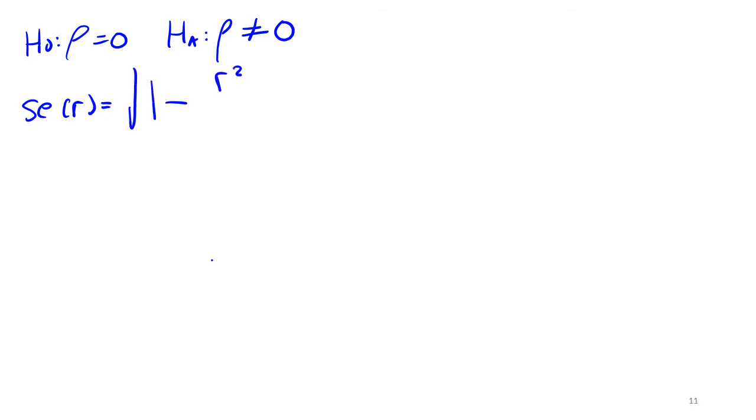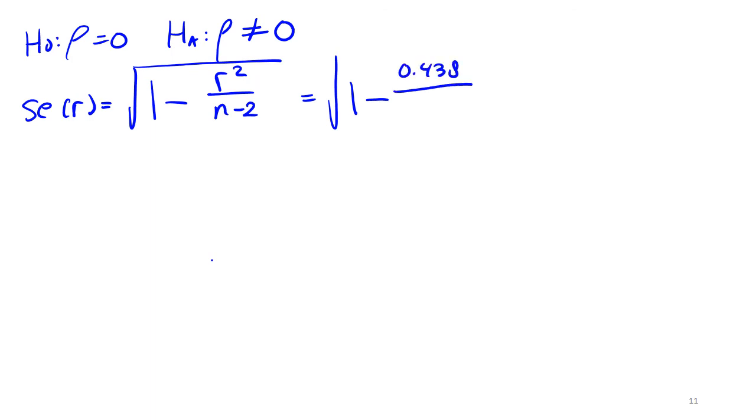For hypothesis testing, the null hypothesis is given, and the alternative hypothesis is given. We need to calculate the t-statistic. First, we need to calculate the standard error of the correlation. The correlation coefficient is 0.438 and the number of observations n is 198.